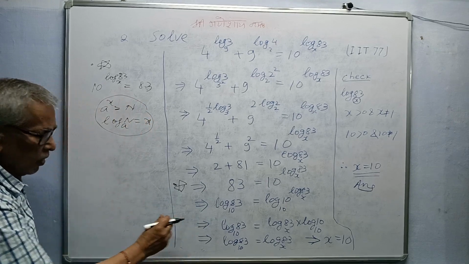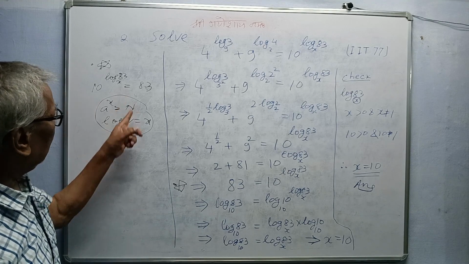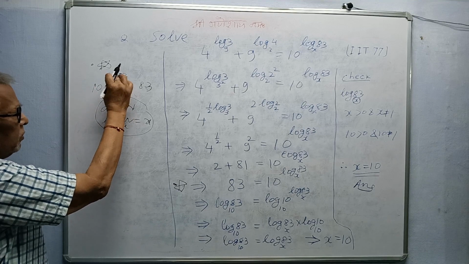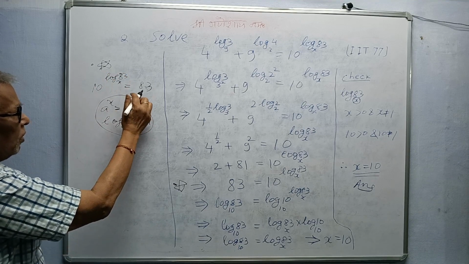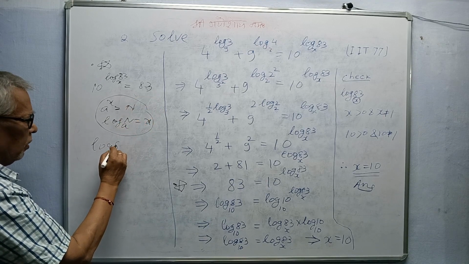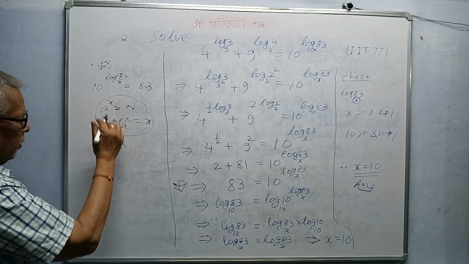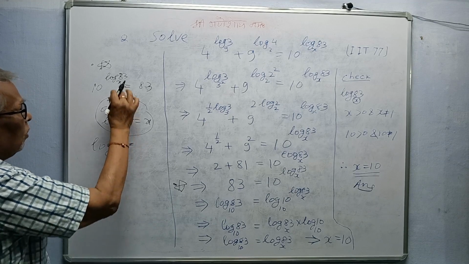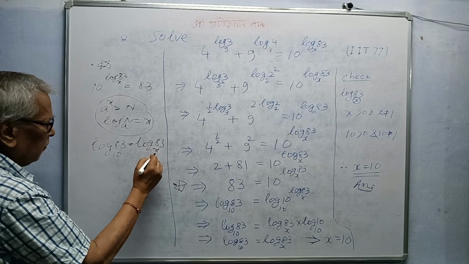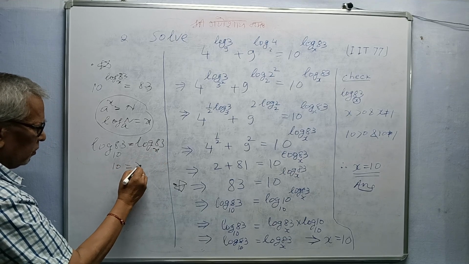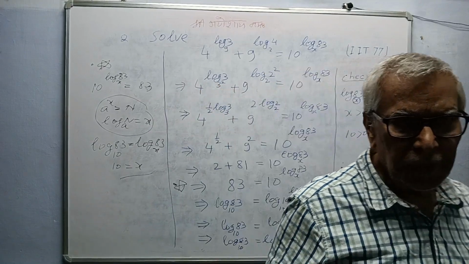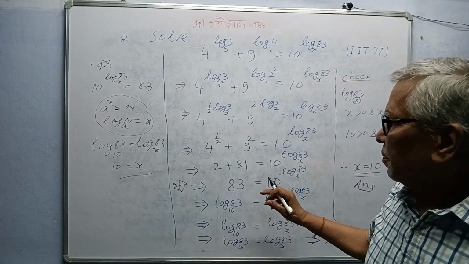So without taking log, we can apply this formula here. Here a is 10, x is the whole thing, and n is 83. So we can write log 83 to the base 10 is equal to log 83 to the base x. Same thing, so 10 is equal to x. Same thing we have found this way. Thank you.